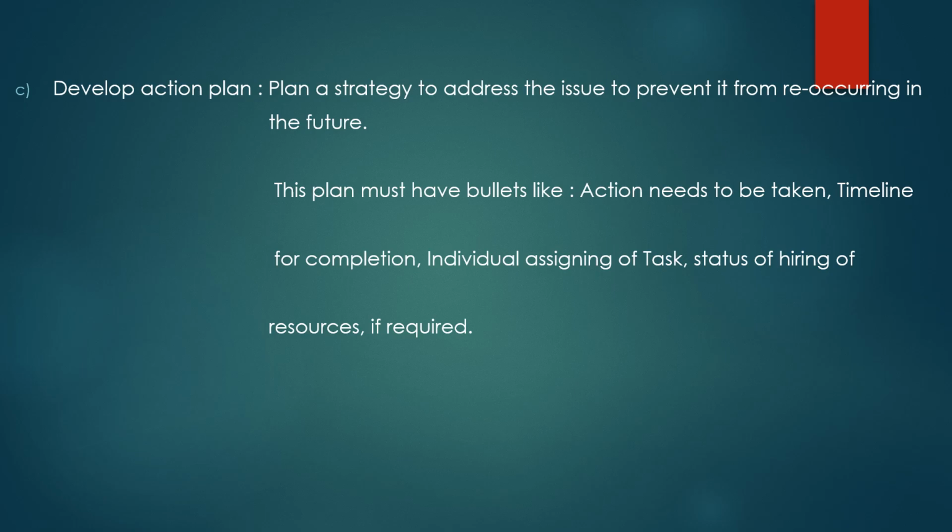You have to plan a strategy to address the issues and prevent them from reoccurring in the future. This plan must have bullet points. While developing the action plan, make a checklist where the actions to be taken should be listed, with the timeline for completion, individual assignment of tasks, and status of hiring of resources if required. So these are the certain points it should have.